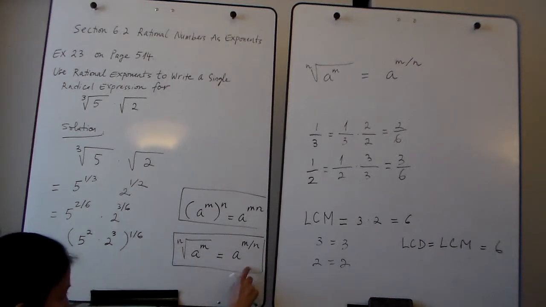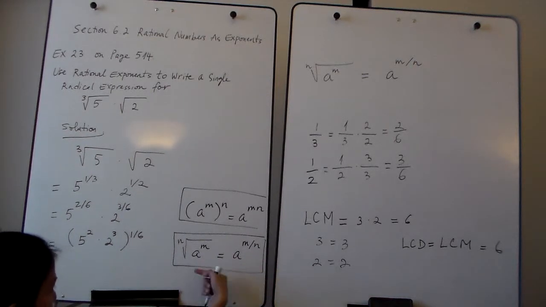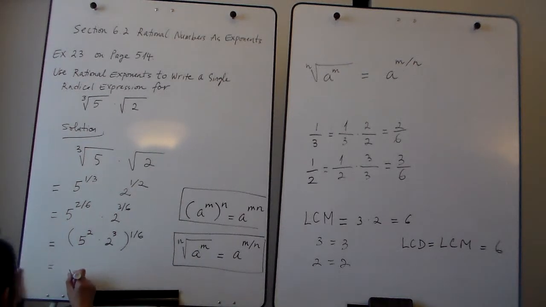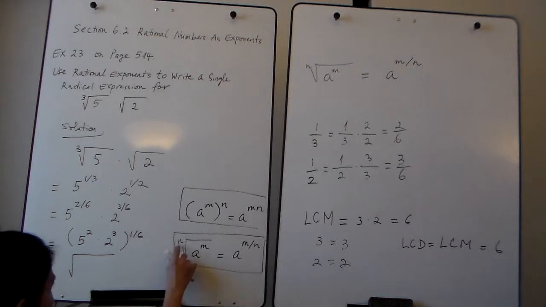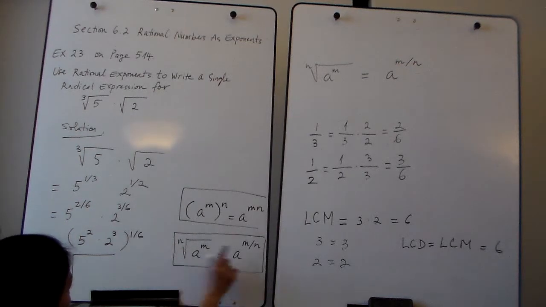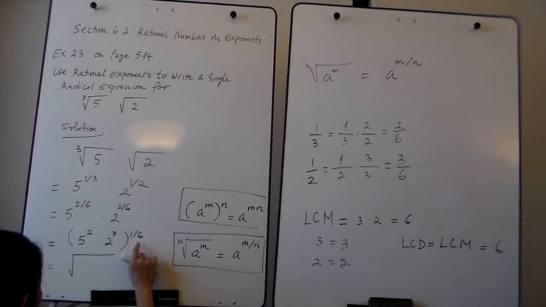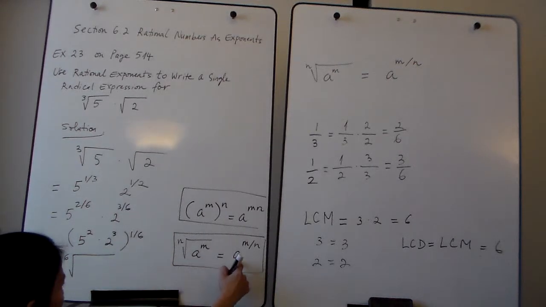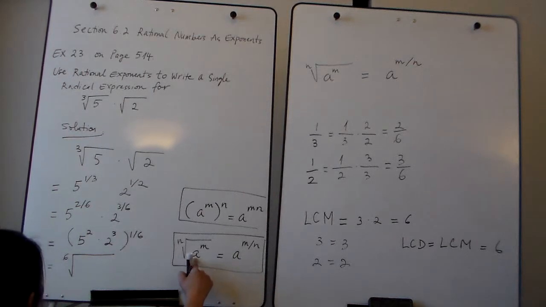So we start from the right-hand side and we go to the left-hand side. The left-hand side will have the root. So where does the n come from? N will come from the denominator of this exponent. Now we have the 6 here, so this becomes the 6th root, and the A goes inside the radical.